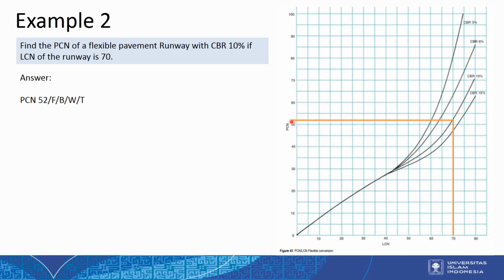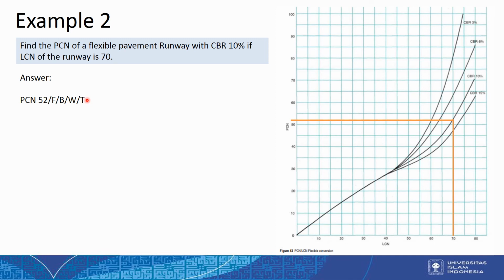52. So the answer for the LCN number 70 in the PCN system is PCN 52 from this chart, slash F, which stands for the flexible pavement here, slash B. B is for the medium strength of the subgrade with the CBR about 10% here, slash W, which means no or unlimited tire pressure here, slash T, which means the method of evaluation is the technical method here.